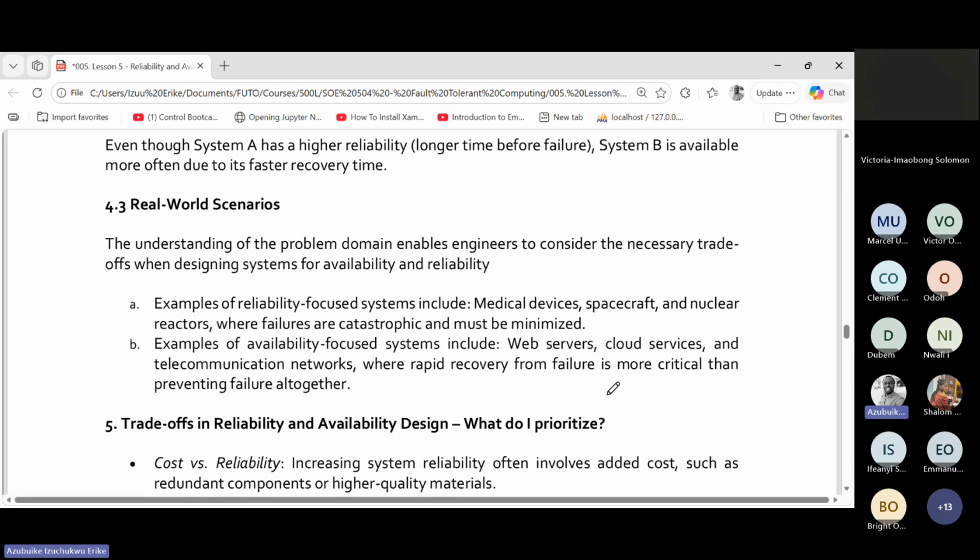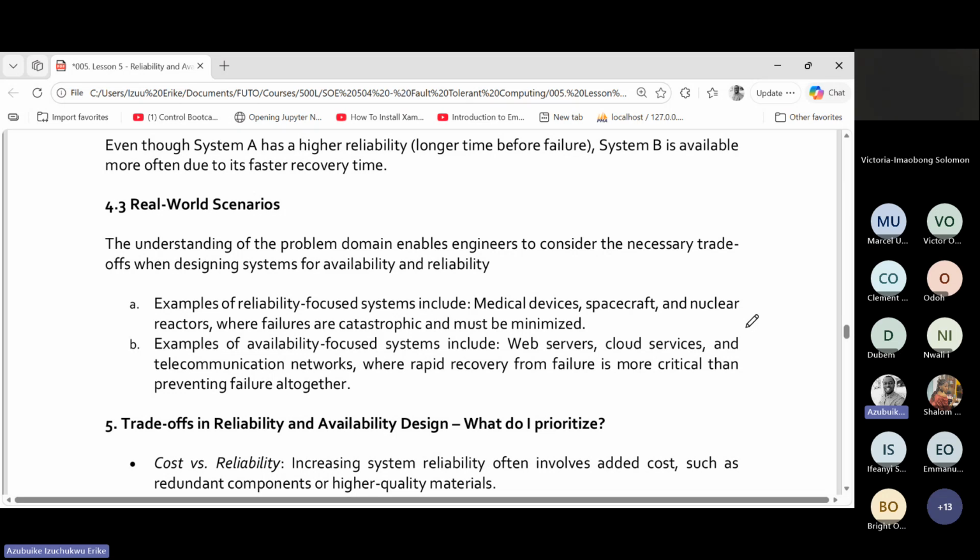Okay, so you can now see that although there are systems that may be reliability focused, there are others that are availability focused.